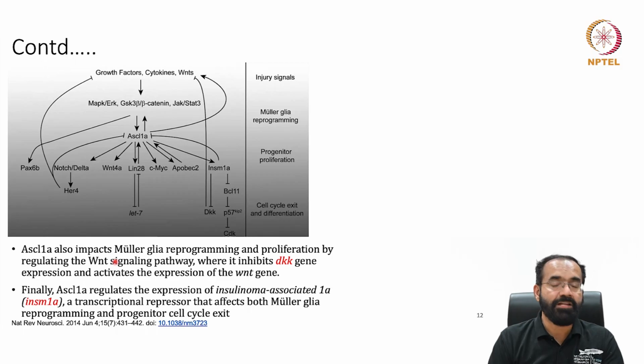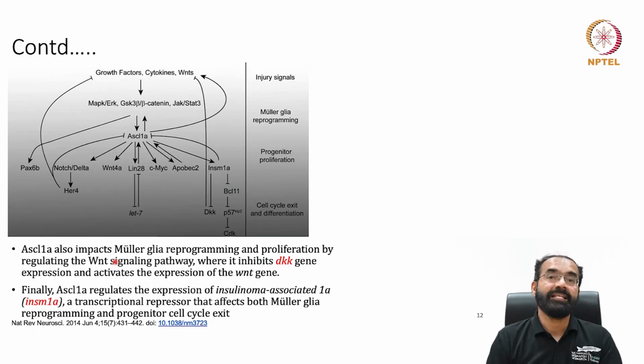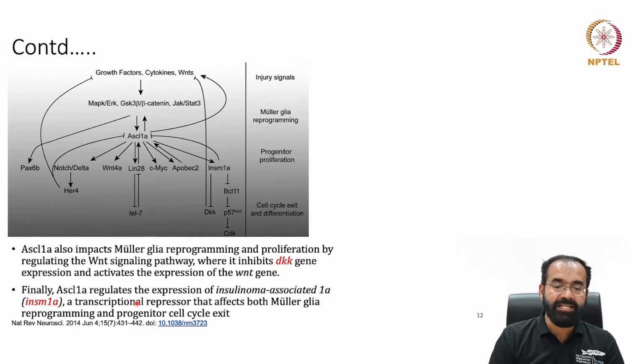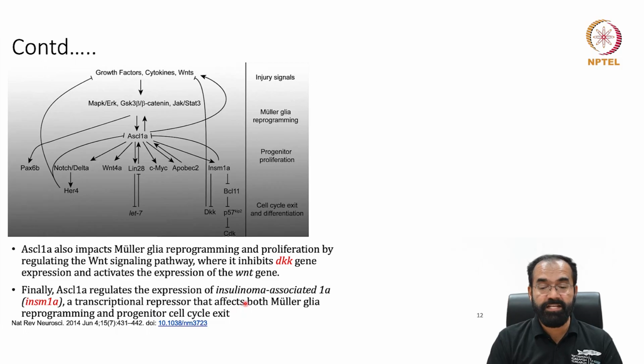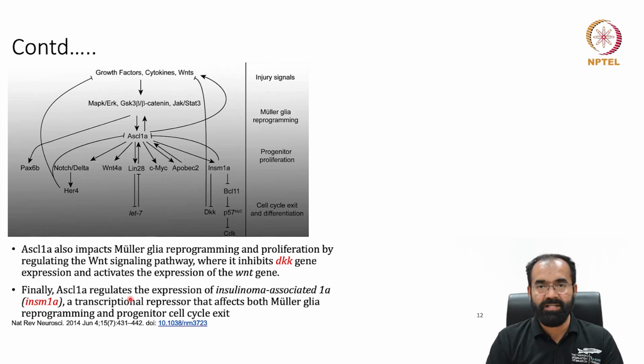So ASCL1A does the negative regulation on DKK through the activation of a repressor called INSM1A. ASCL1A regulates the expression of insulinoma associated 1A, short form known as INSM1A, which is a transcriptional repressor that affects both Muller glia reprogramming and progenitor cell cycle exit. So it acts in two ways.